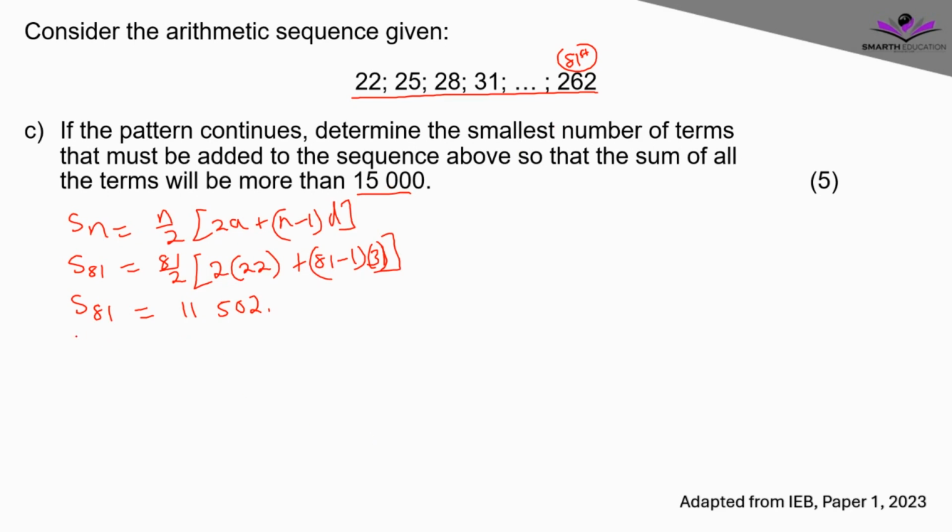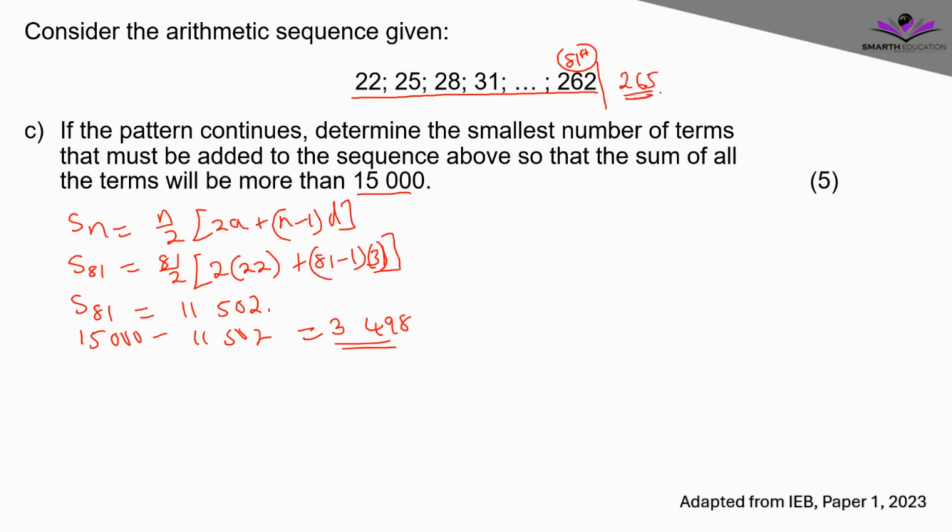So we have 15,000 minus 11,502, which is 3,498. So now we're adding from which term? We're adding from term number 82. So term number 82 becomes like our first term, which is 265.